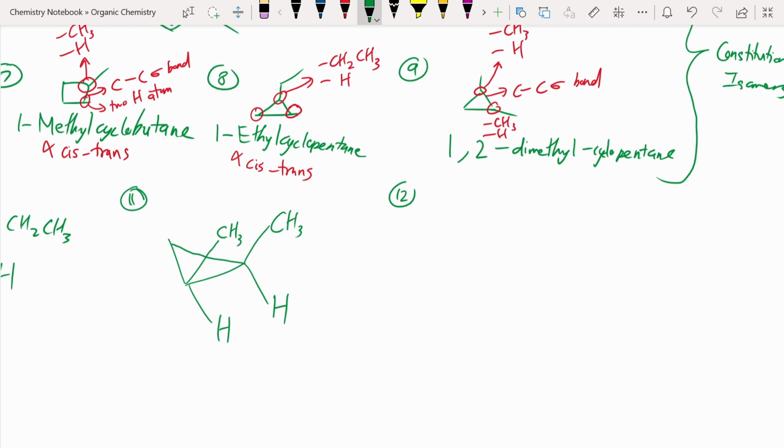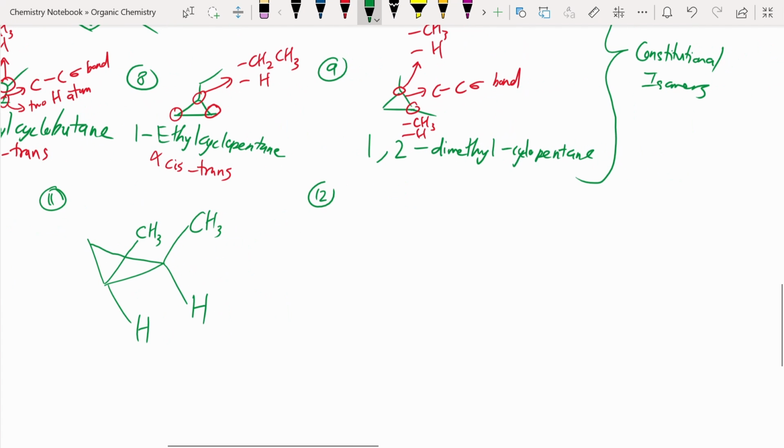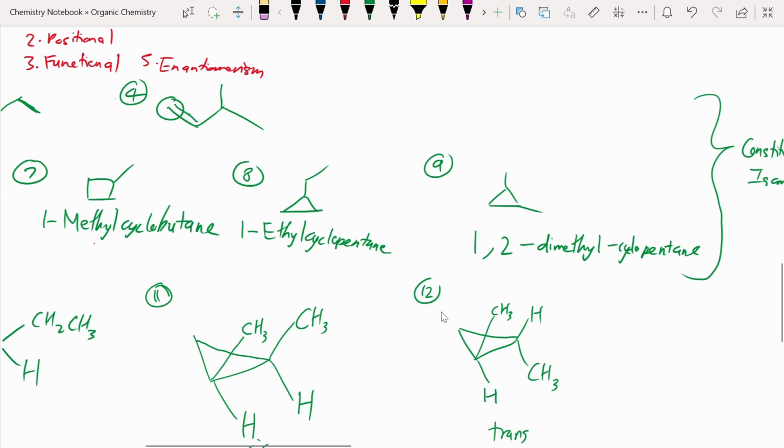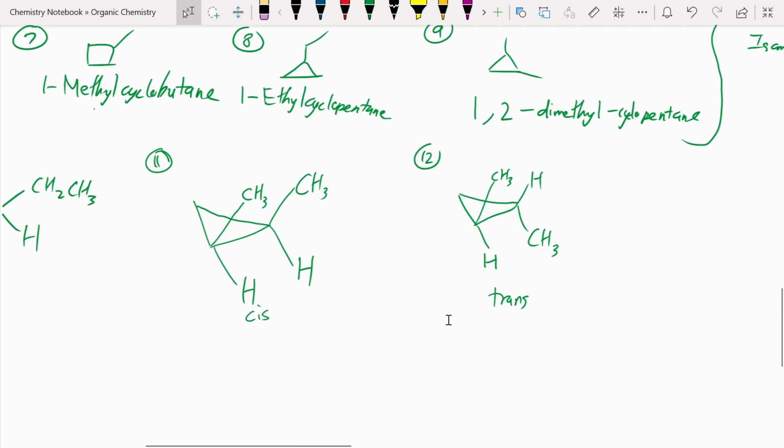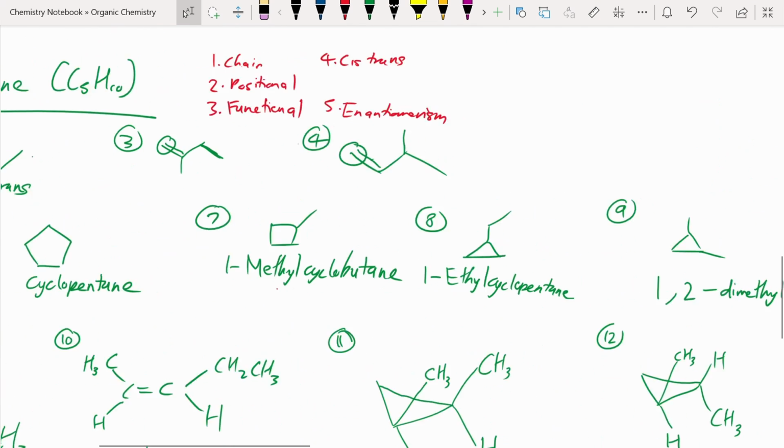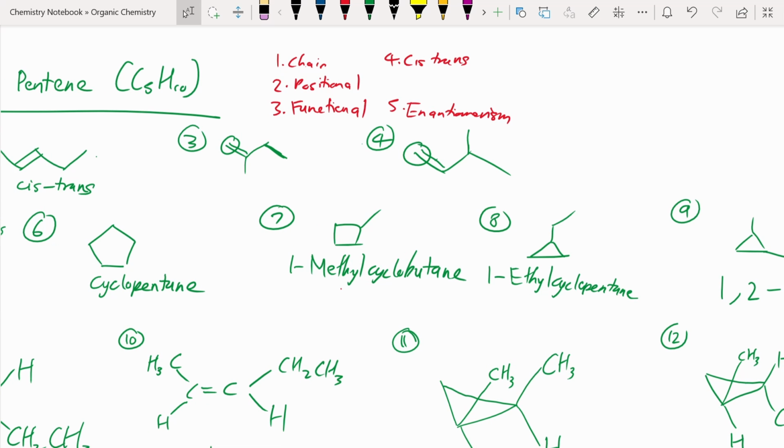And then for 12, there'll be another triangle. There'll be a CH3, H, H, and CH3. And this is trans, whereas this compound 11 is cis. Okay, so now what else we can consider is enantiomerism.